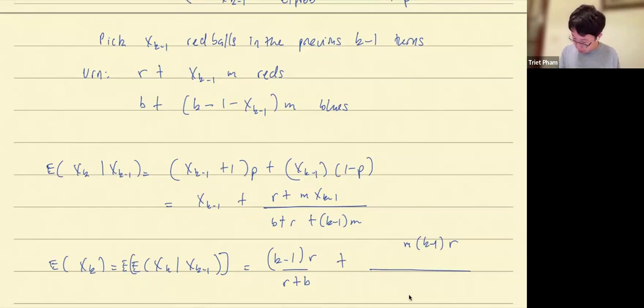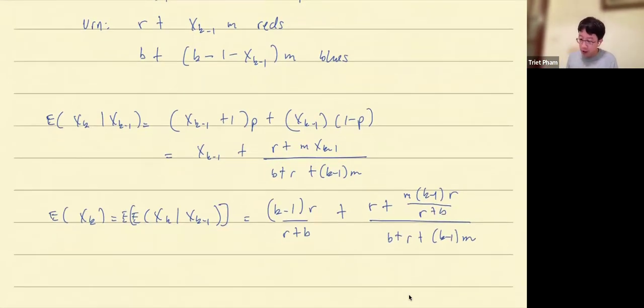Like this. And with some luck, it should shake out to be whatever we want, which is k r over r plus b. Well, is that true? Let's see.